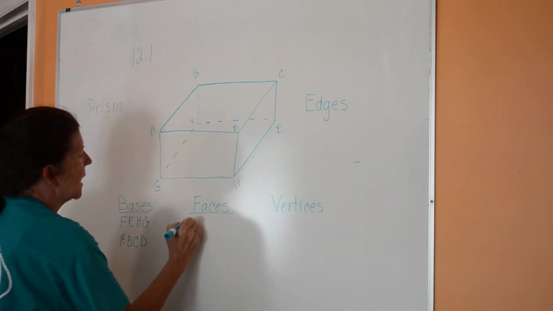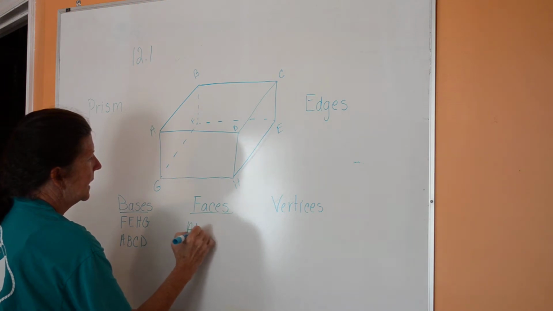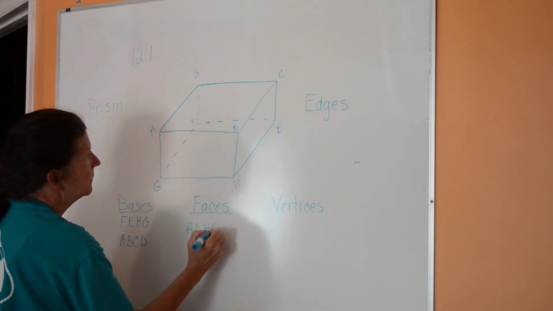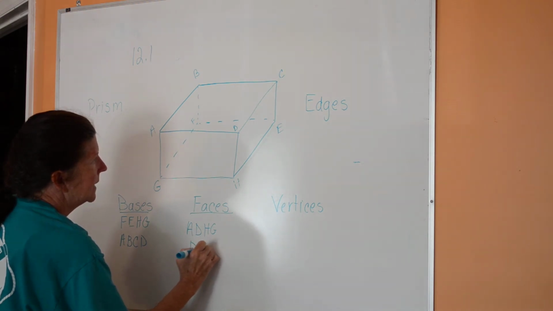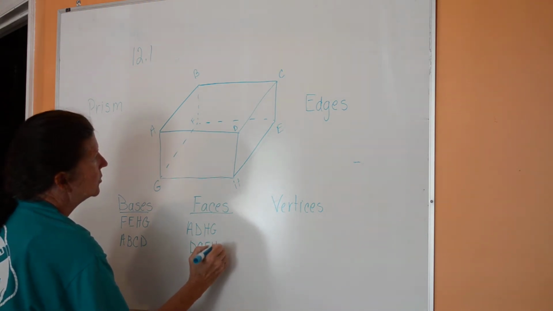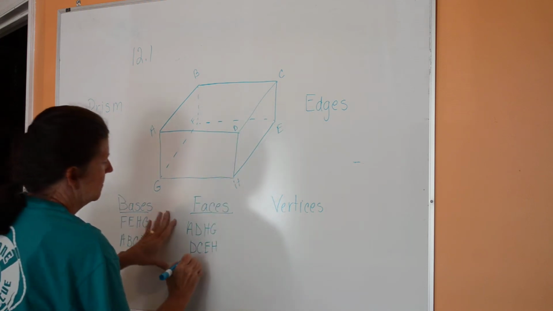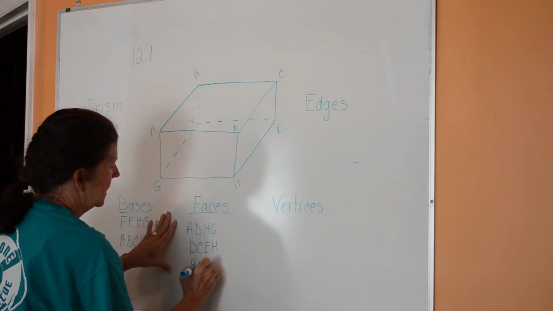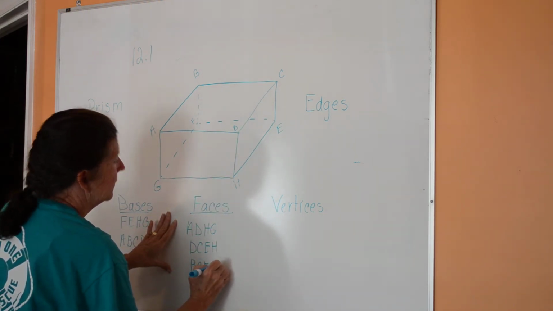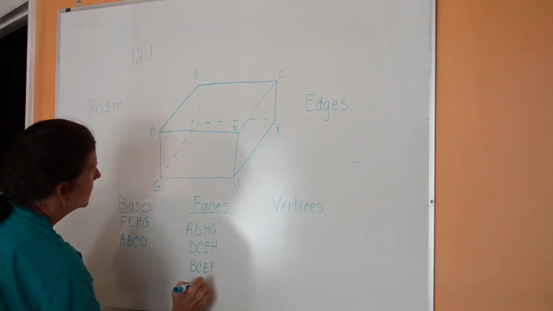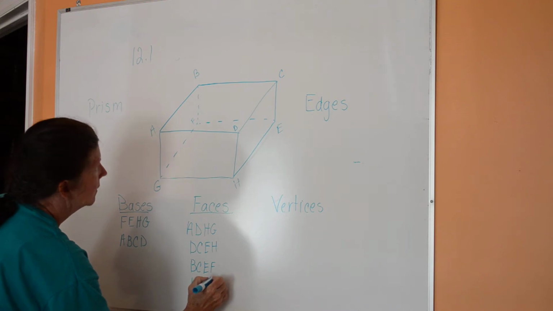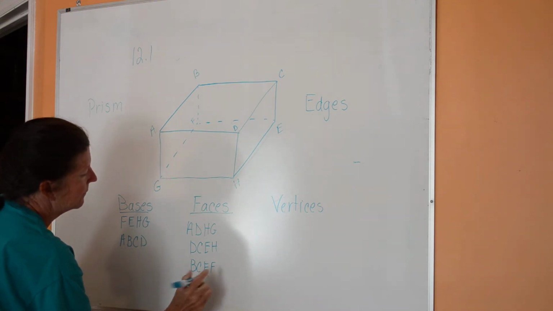So this front side, A, D, H, G. This side right here, D, C, E, H. The back, B, C, E, F. And then this side over here, which would be A, B, F, and G.